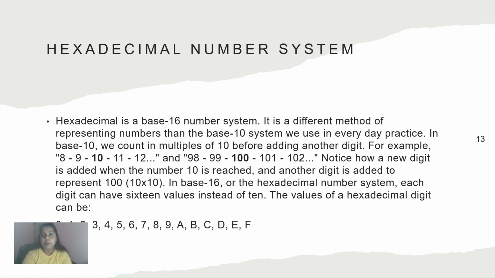After that, in order to represent 10, capital A, then 11, B, like that. 10 to 15 we represent using A, B, C, D, E, F. So wherever you have 10, 11, 12, 13, 14 or 15, you have to use capital English letters from A to F.